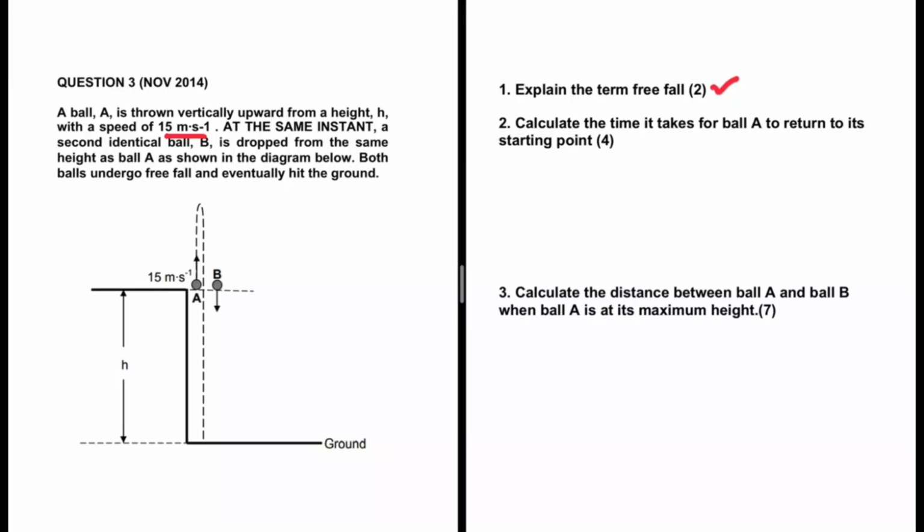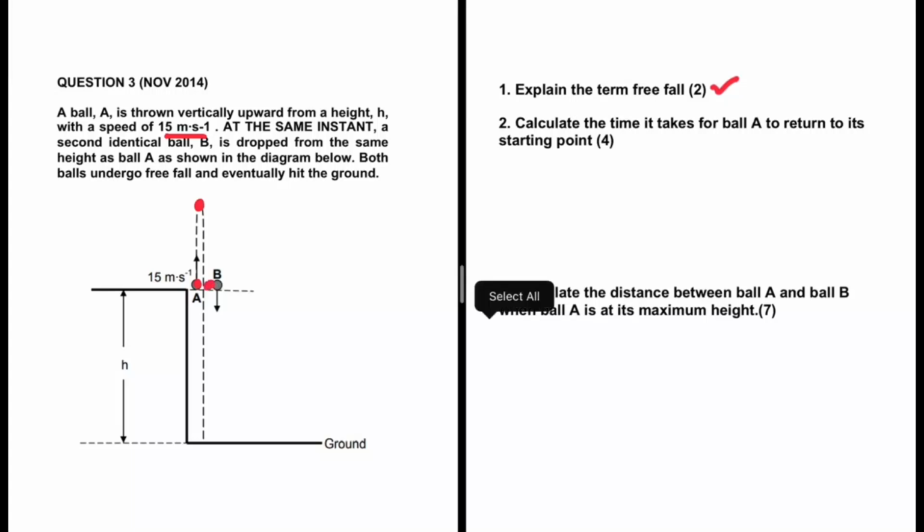Let's take a look at our question once more. Calculate the time it takes for ball A to return to its starting position. So this is where ball A is projected. It goes up to maximum height and starts going down, right? And then on its way down, it is obviously going to pass its starting position.